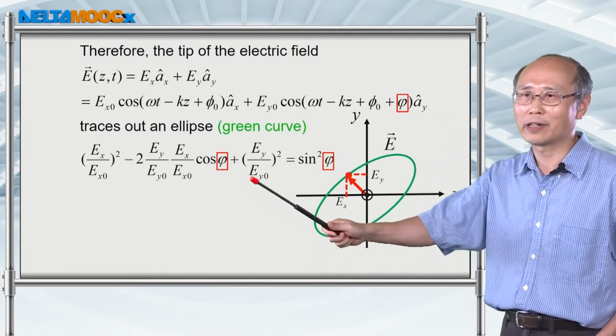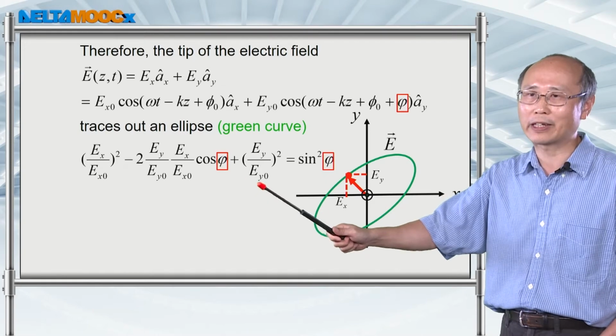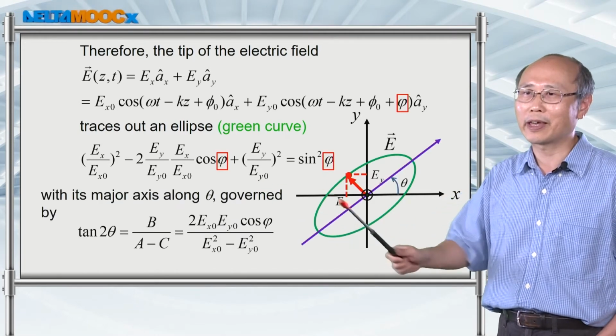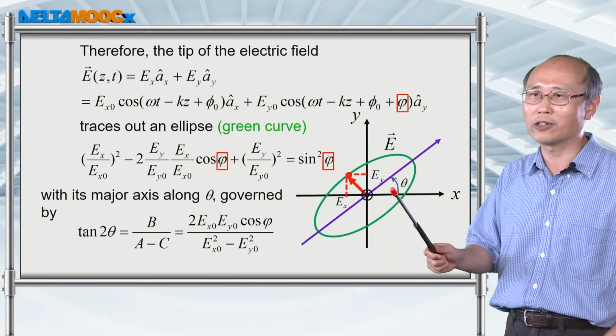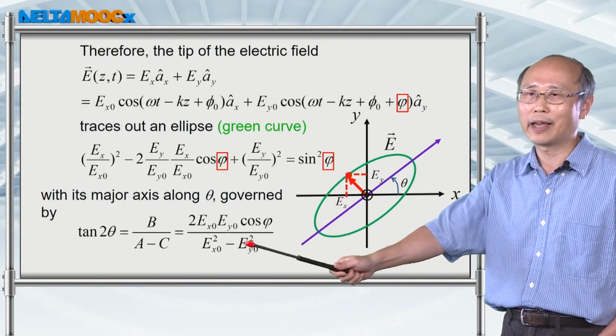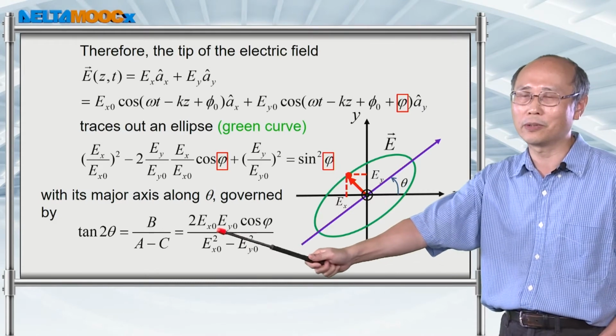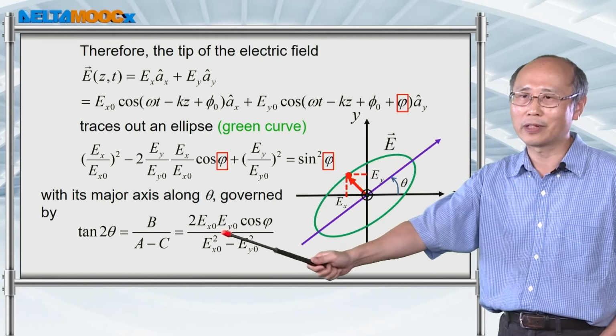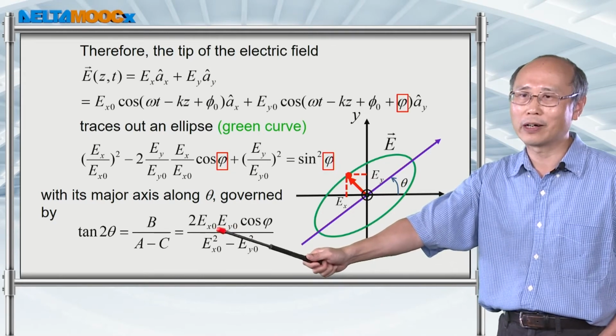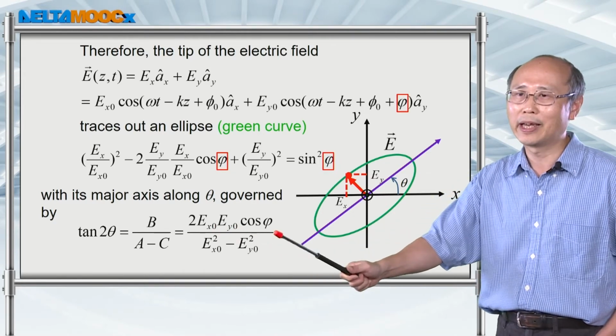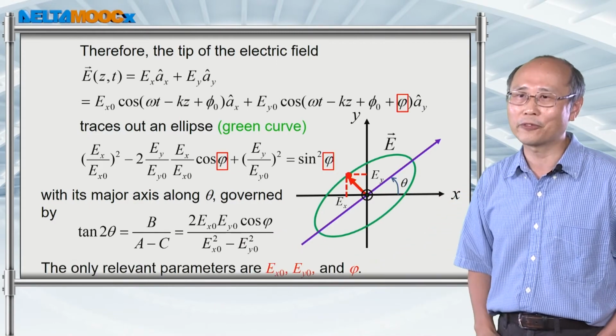And also from the theory of the conic expression, you can calculate the slant angle of this ellipse to be this. And this is only related to the amplitude of the electric field along x direction and y direction and the phase difference.